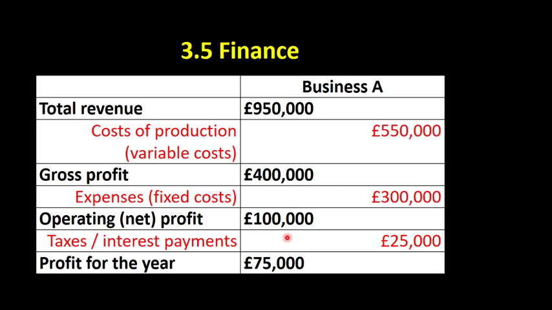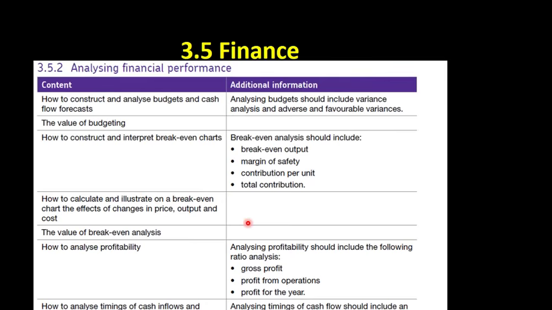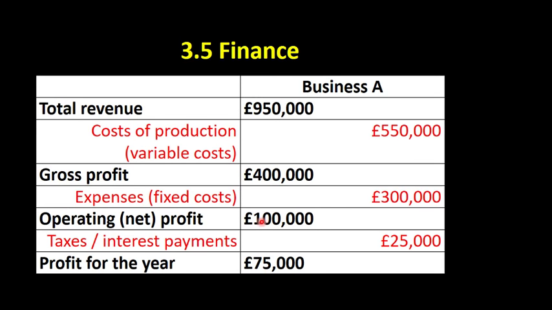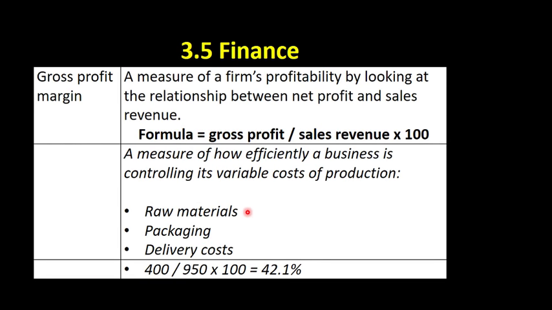these raw numbers aren't necessarily a great guide to an organisation's performance. It can be more beneficial for shareholders or the management or other stakeholders to consider an organisation's profitability rather than the actual profit figure that they make. Well, why is that?